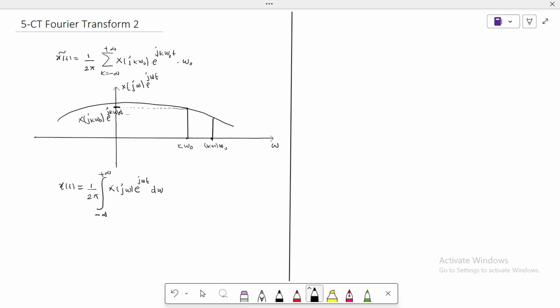So both are the same. Fourier transform formulas: x of j omega equal to, the continuous-time Fourier transform.